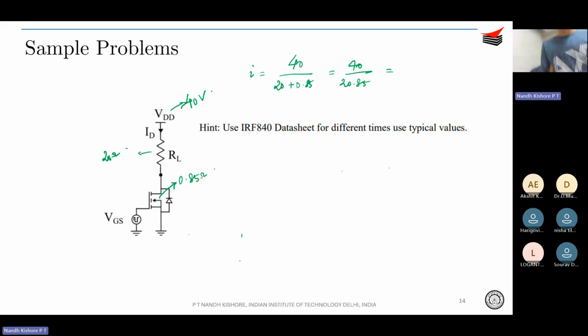So this is your actual current when the device is on. It will be good if you can also do it with me as I do. If you have a calculator, you can unmute and tell me the actual value. Just give me a second.